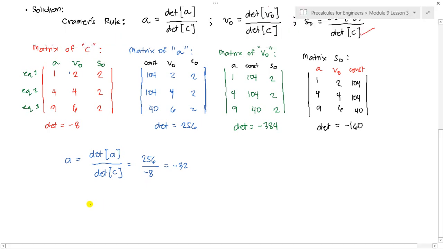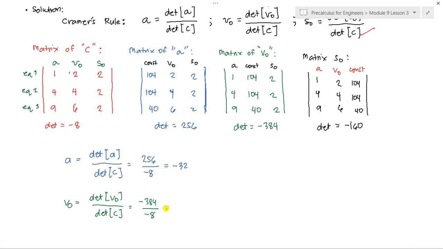Then for V naught, V naught is equal to the determinant of the matrix V naught all over the determinant of the coefficient matrix C. So that is negative 384 divided by negative 8. What is the answer? 48, sir.